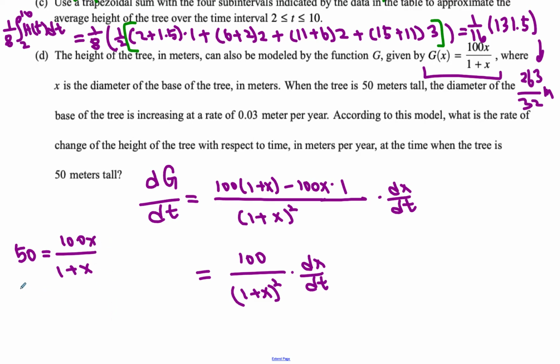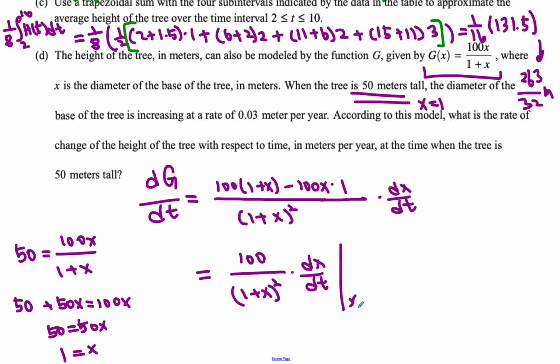And then we get 50 plus 50x equals 100x. And we get 50x equals 50, hence x equals 1. Okay. When the tree was 50 meters tall, x was equal to 1. That's what we get to realize.